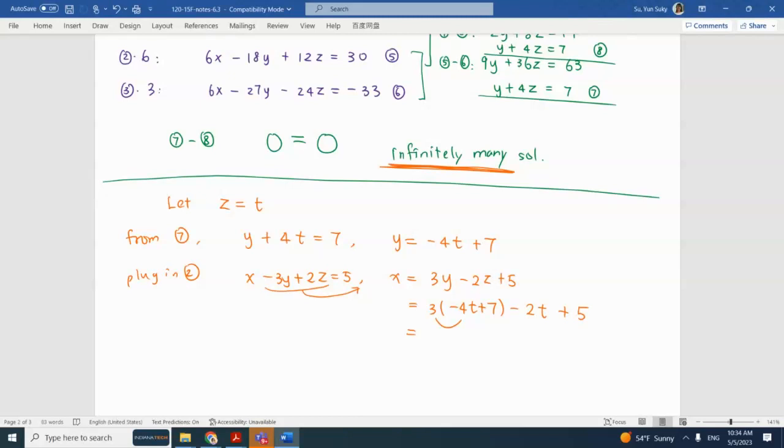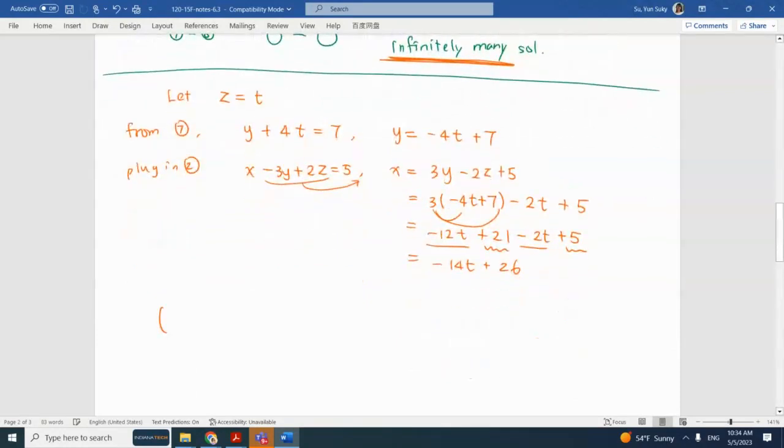When you distribute, what is 3 times negative 4? And 3 times 7? 21 minus 2t plus 5. Okay, how many t? And what's the constant? 26.